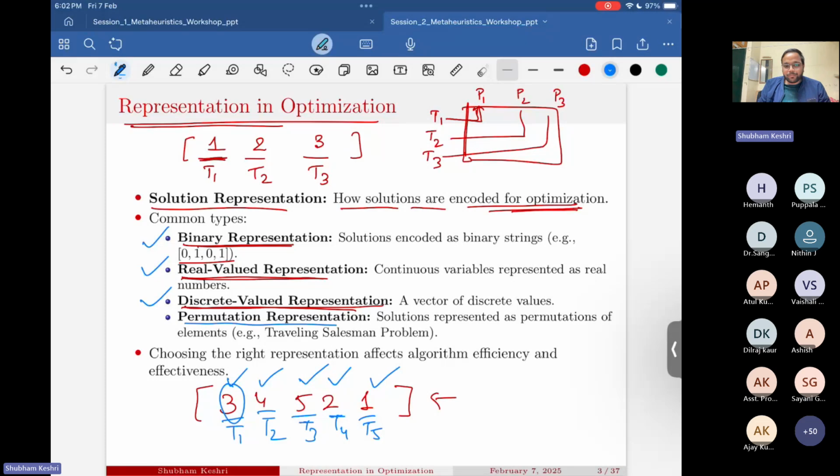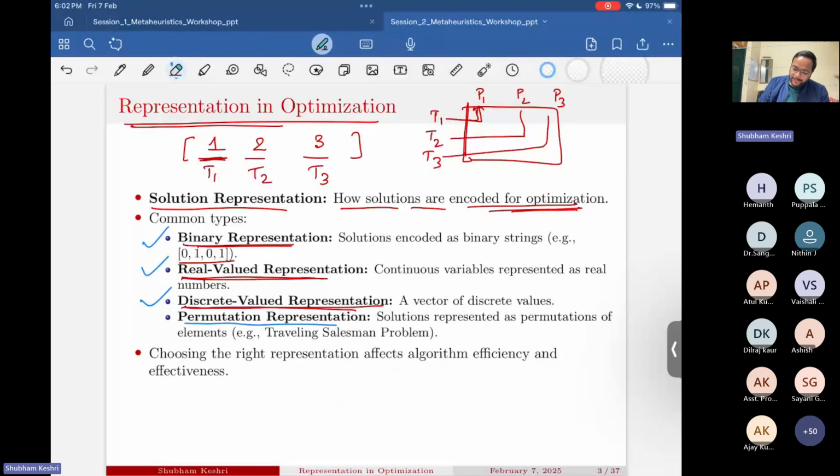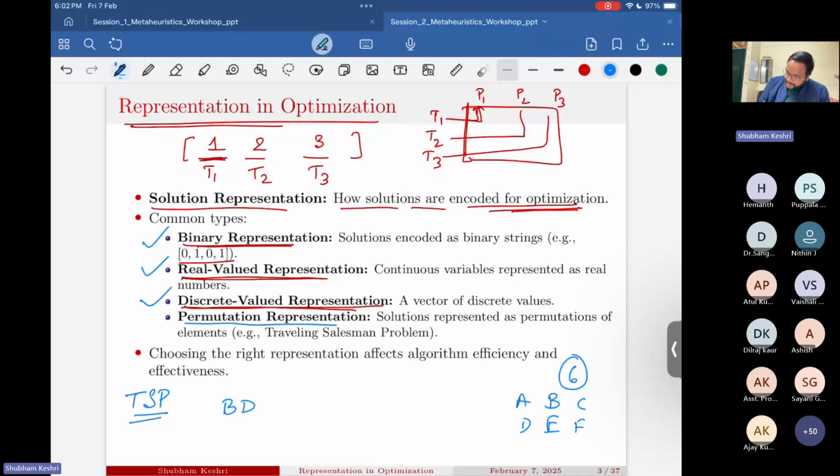There is something called permutation representation. So what does it mean? We discussed permutation representation yesterday when we were talking about the traveling salesman problem. So how did we represent a traveling salesman problem? If it is a 6-city problem, we said we will label the cities A, B, C, D, E, and F. And if I write B, D, C, A, E, F, what does it mean?